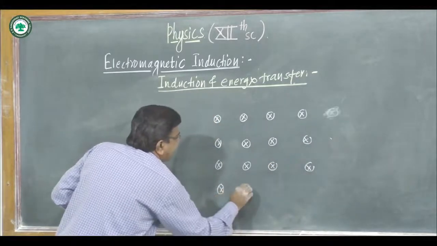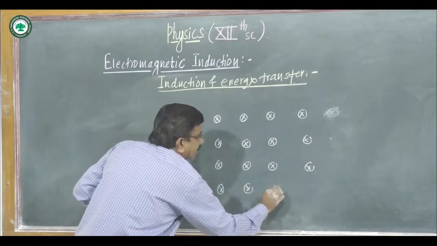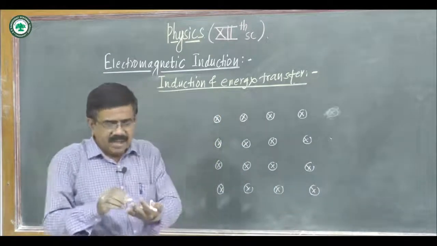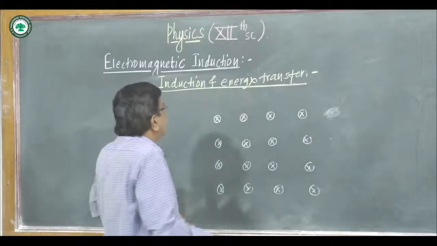And in this magnetic field, we consider a conducting wire or loop ABCD.